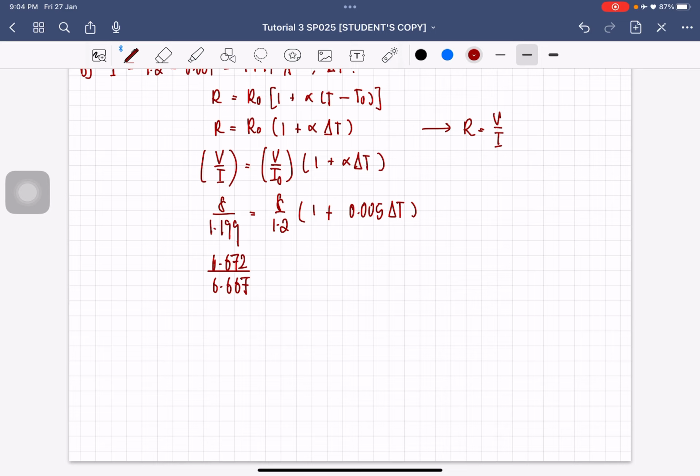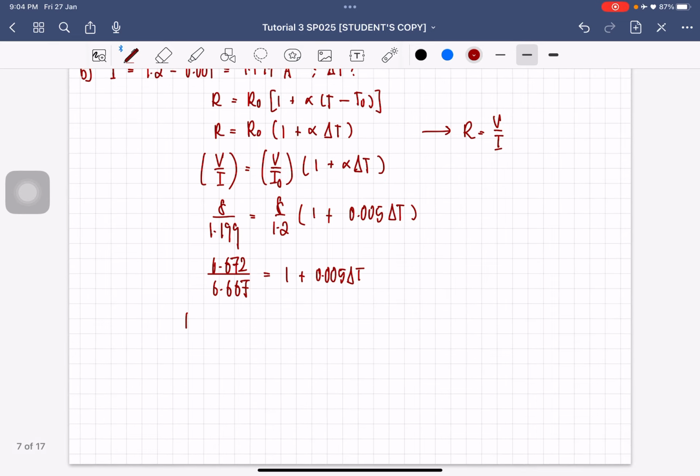Okay, so we have this, and this is going to be the equation. I'm going to leave this value here as positive. So it's going to be 6.672 over 6.667 minus 1.